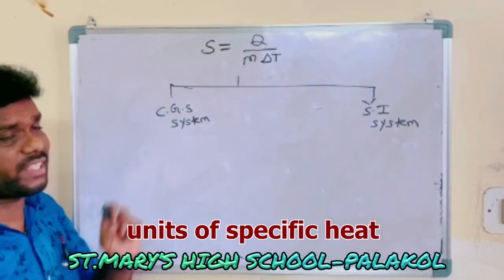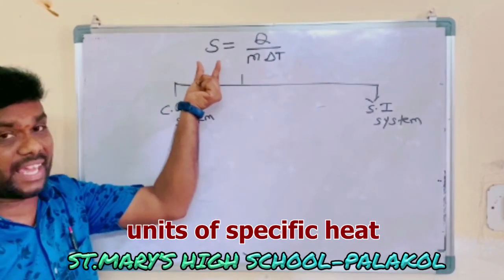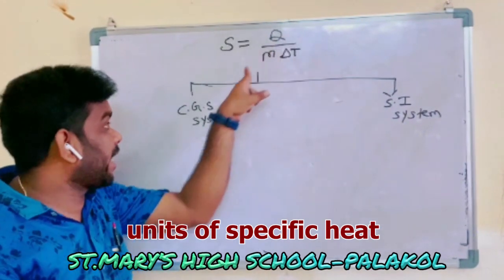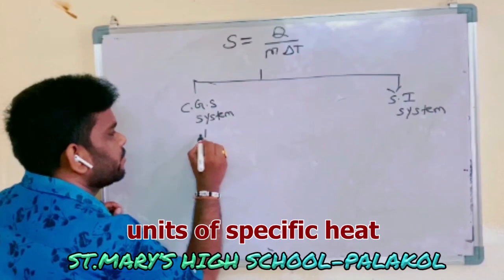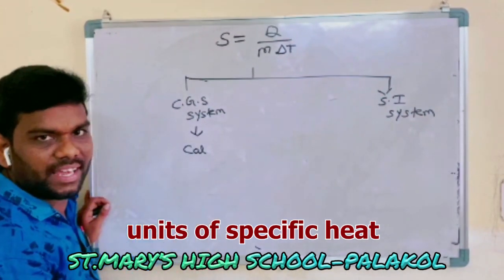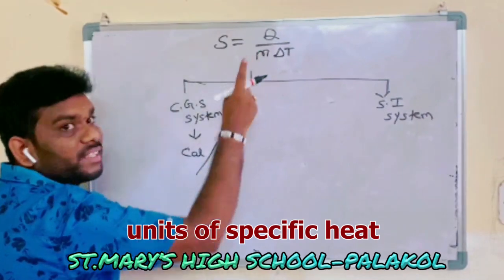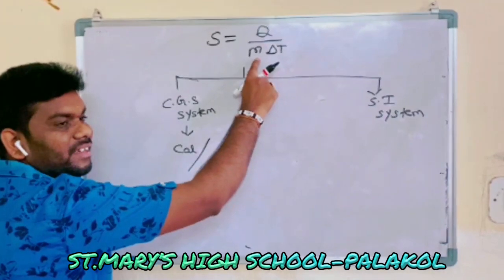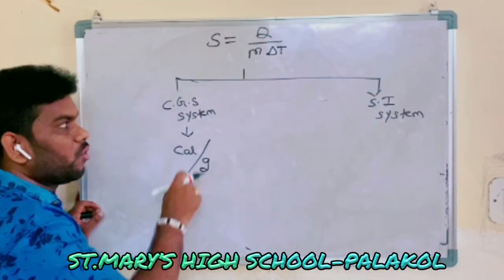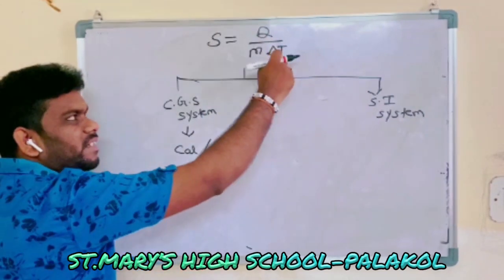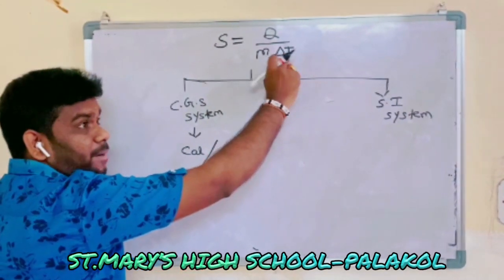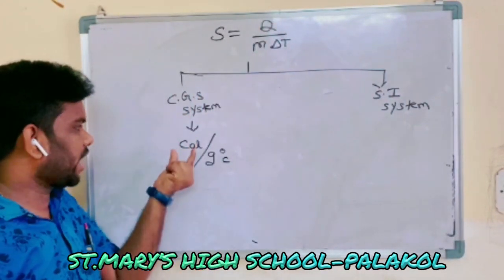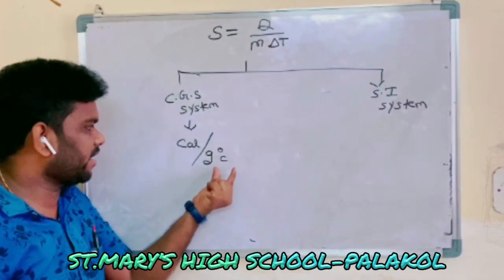Now we will discuss the CGS system. The formula of specific heat is Q by M delta T. Heat Q is measured in calories, mass in grams, and delta T, the temperature, in degrees Celsius.